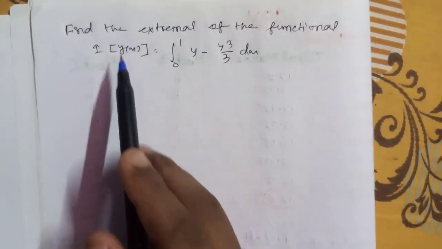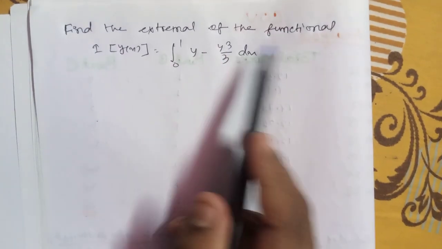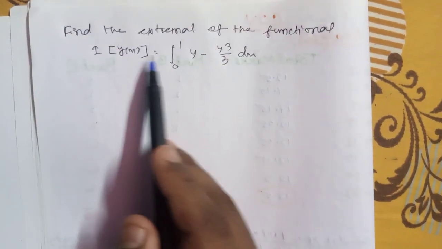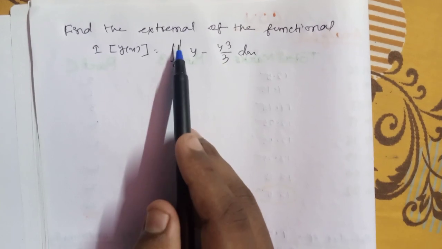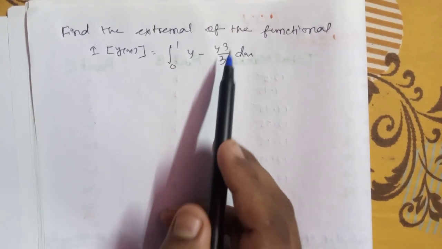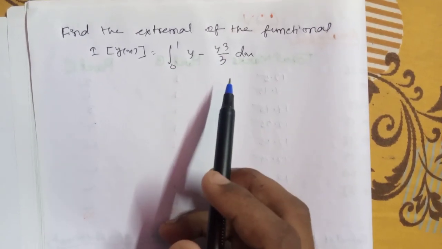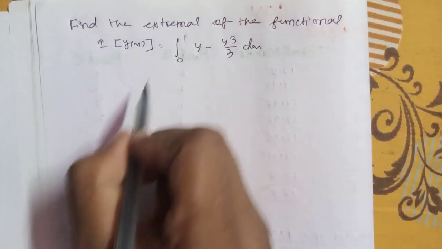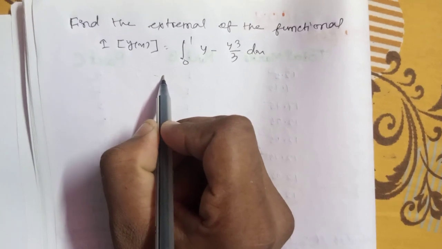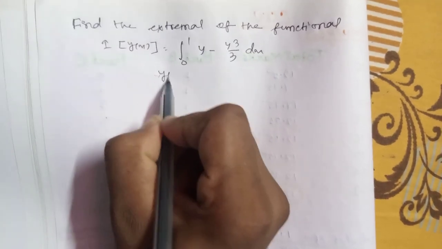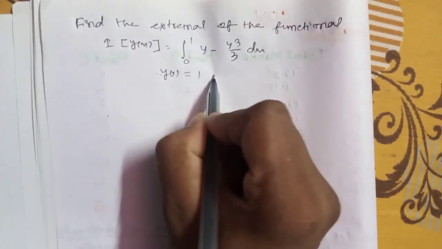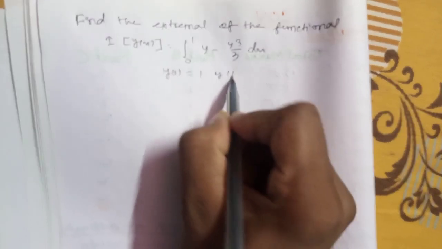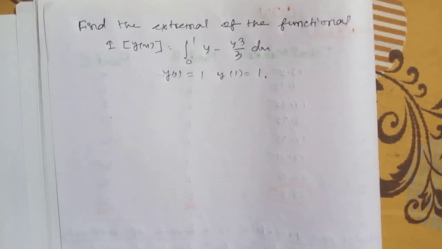Find the extremal of the functional I[y(x)] equal to integration 0 to 1 of (y minus y cube by 3) dx, subject to the boundary conditions y(0) equal to 1 and y(1) equal to 1.